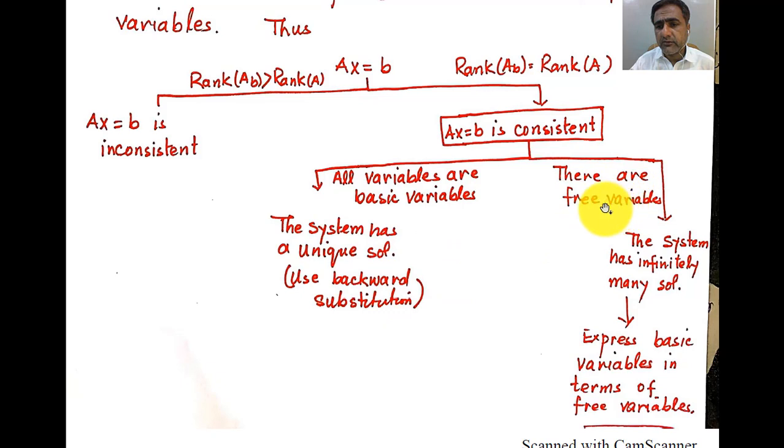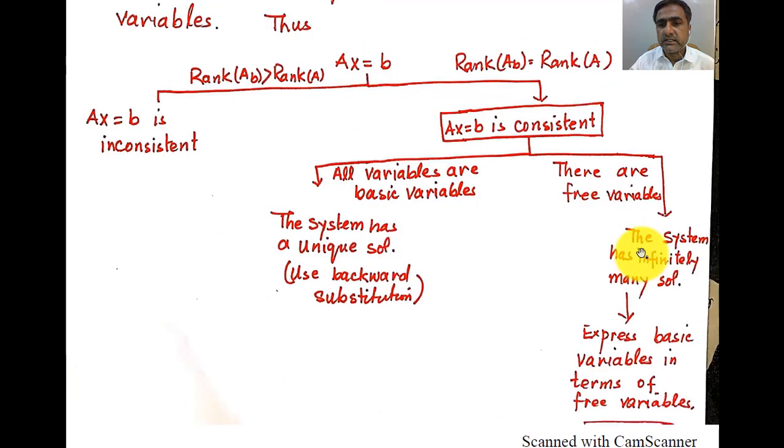And if there are free variables in the system, it will have infinitely many solutions. Once the system has infinitely many solutions, we will determine free and basic variables, and the next step is to express basic variables in terms of free variables so that we have infinitely many solutions for the system.